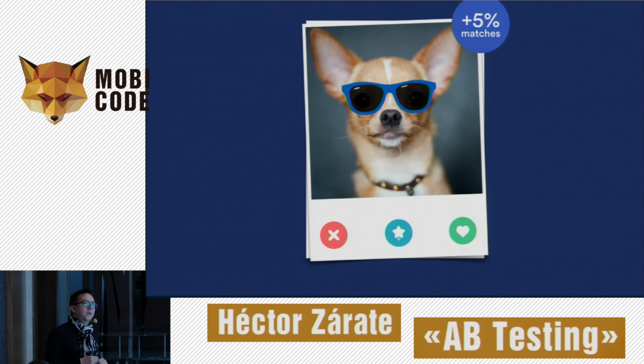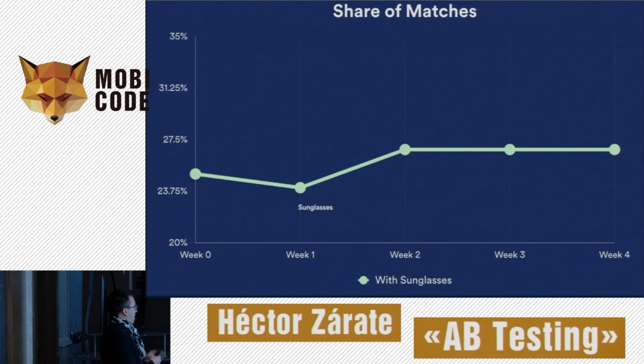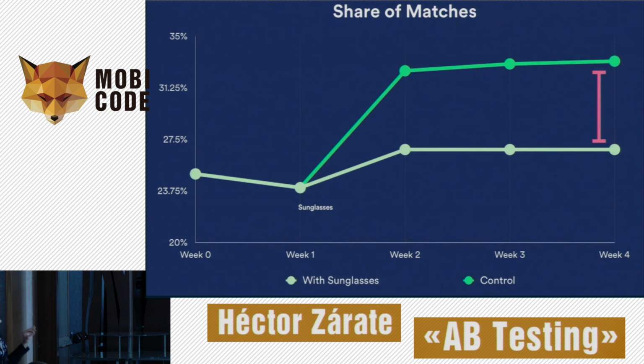So far it looks like it's working. It looks like this version is better. But maybe what you are missing is what could have happened. You introduce the sunglasses, you observe a 5% increase in your matches, but what could have happened is that actually your original version would have performed better.